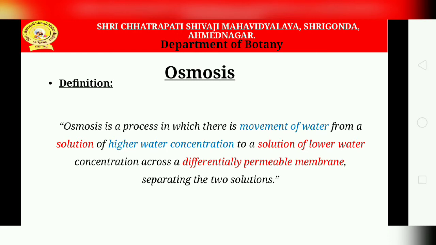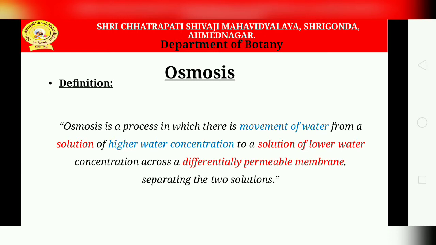Actually, it is observed that diffusion of the solvent takes place both ways across the membrane, but the diffusion of the solvent is more from the solution of lesser concentration to that of the higher concentration. Thus in osmosis, the semi-permeable membrane, concentration of solution and concentration gradients play an important role.